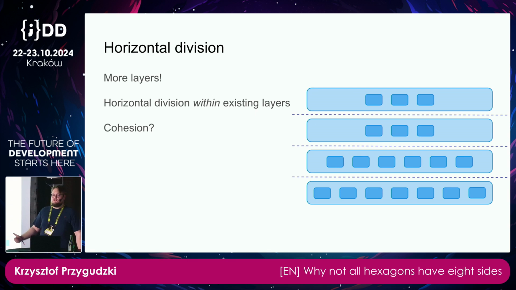So first of all, we can try and introduce more layers. Great. We can split our business logic layer into domain and application layers. And that's useful and probably works. But as we try to add more and more layers, we find that it doesn't really work. Why? Because it's kind of hard to introduce more layers than that and still stick to this rule that the dependency should only go top to bottom, right?